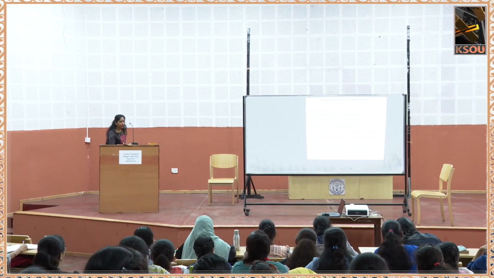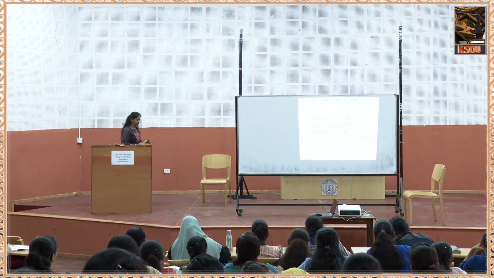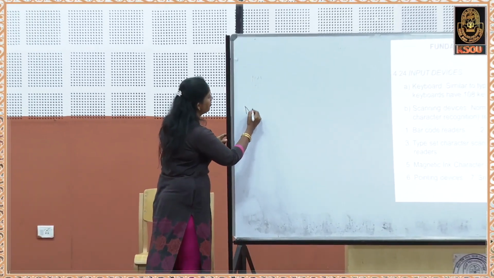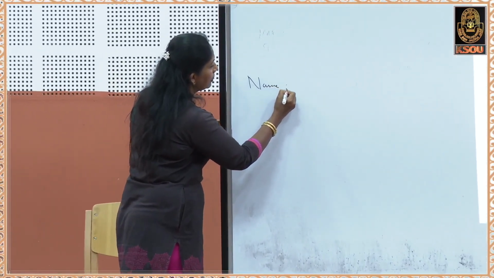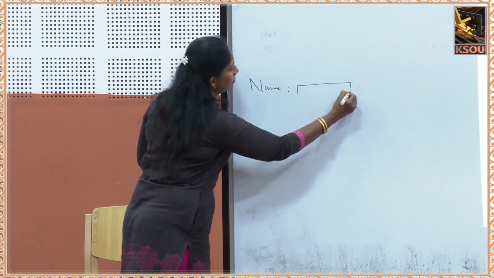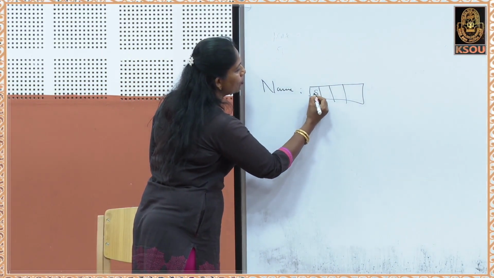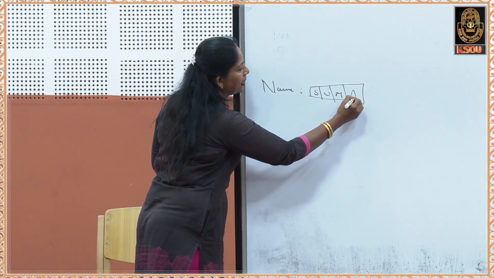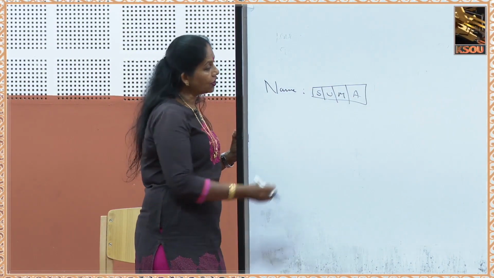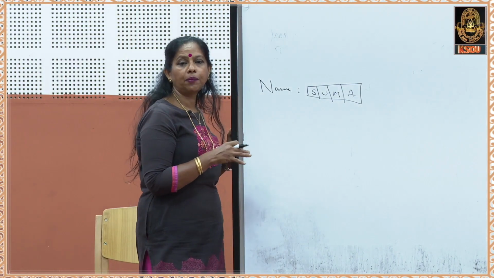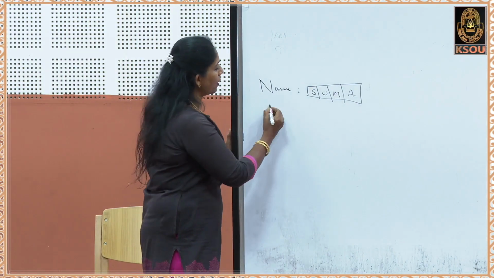Passport. You might have applied for passport. They'll give an application like name. Suppose your name is Suma, S-U-M-A, like that you will write. So in each square it will scan. No one will type, keep on typing. Okay, your address.